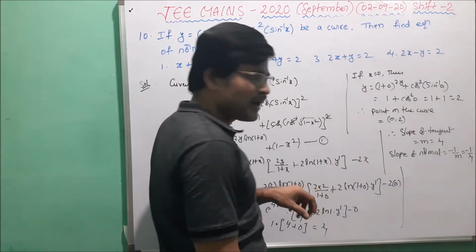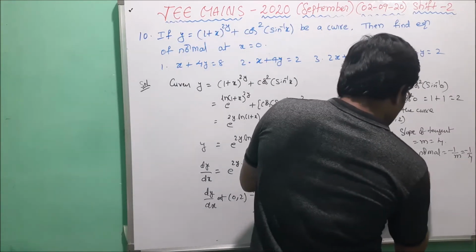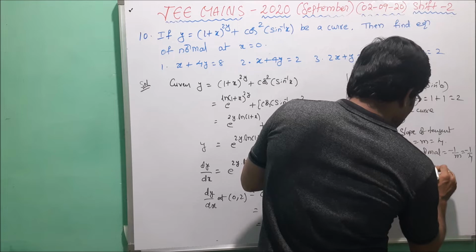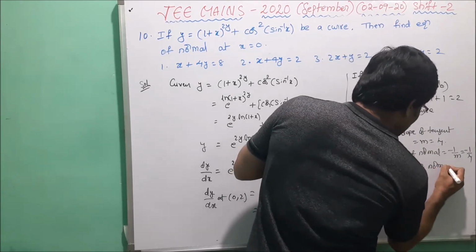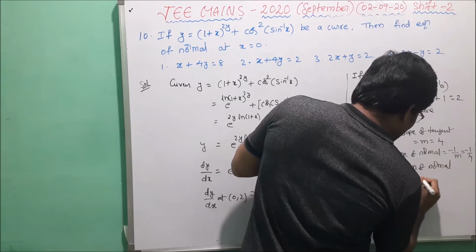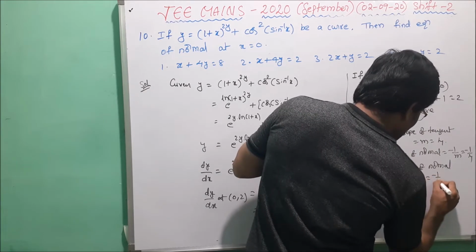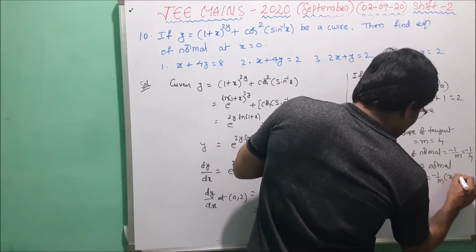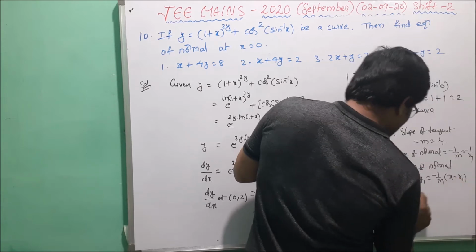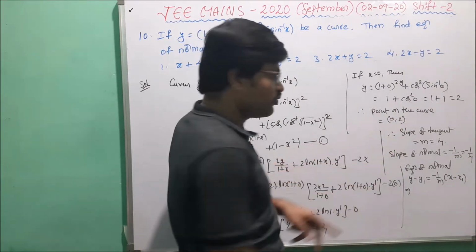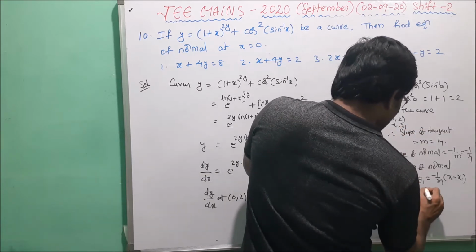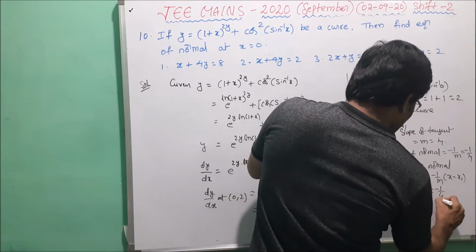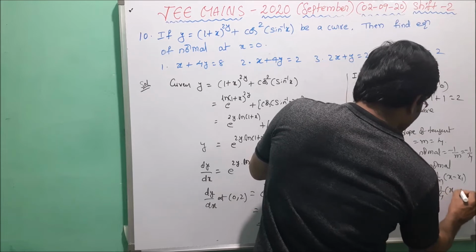Now the equation of the normal to the given curve. Equation of normal is y minus y1 equals minus 1 by m into x minus x1. Here x1, y1 is (0, 2). So y minus 2 equals minus 1 by 4 into x minus 0.